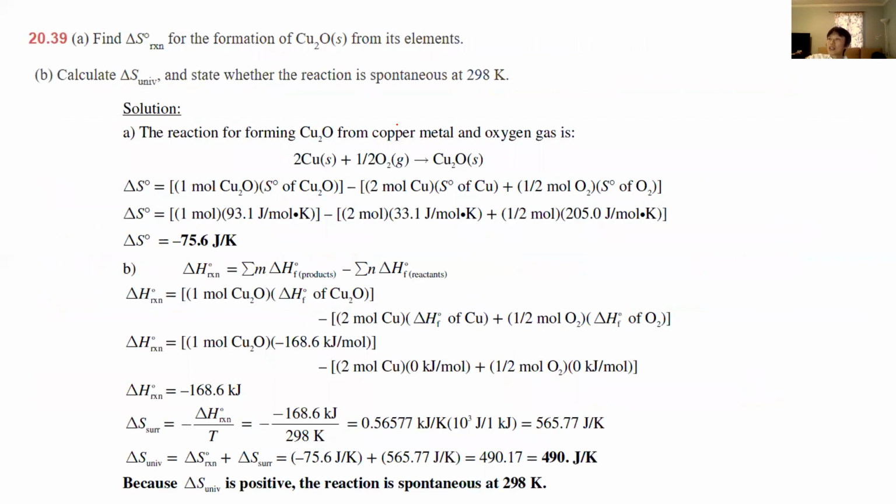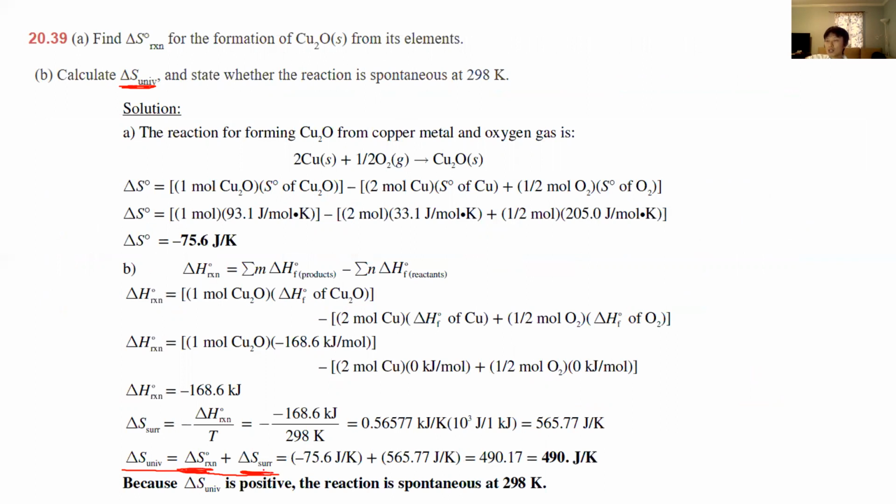So let's work on an example problem. This one is based on the sign of delta S universe to determine whether the reaction is spontaneous or not. Again, the delta S universe is equal to the delta S of reaction plus the delta S of the surroundings, so we have to know both of these.